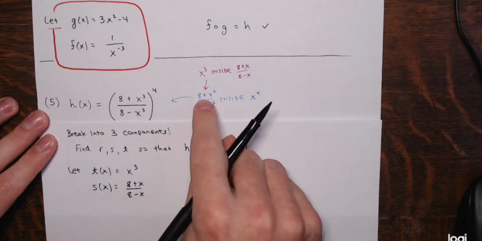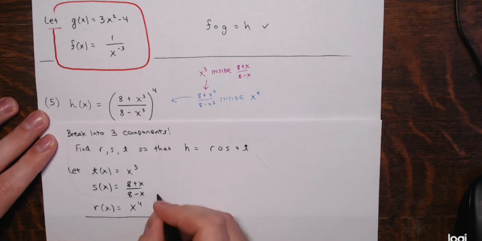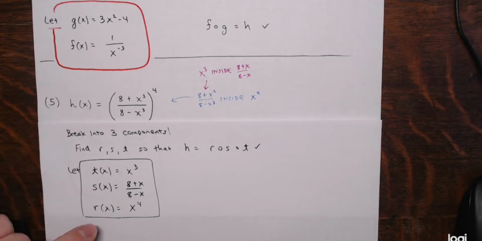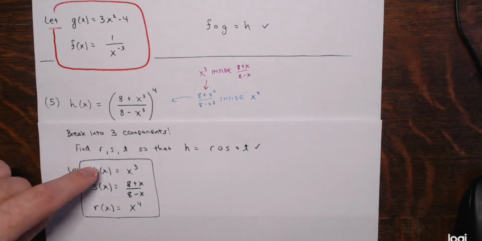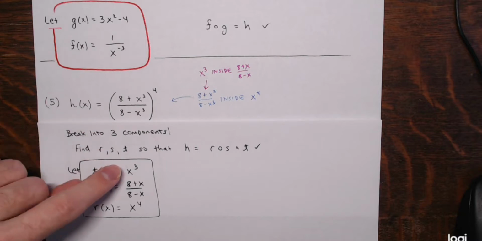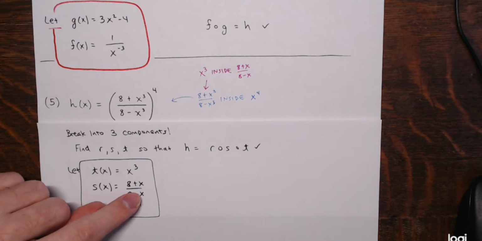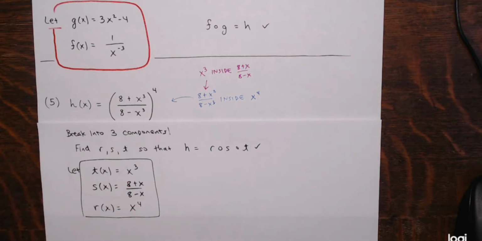And then that's inside x to the fourth, and that'll be the outside function, r of x equals x to the fourth. All right, and I leave it to you to check, is this true? And it should be. If you take r composed with s composed with t, you'd get h. Because you would put t into s, making this 8 plus x cubed over 8 minus x cubed, and then you put that in here, making that to the fourth power, which is exactly h.